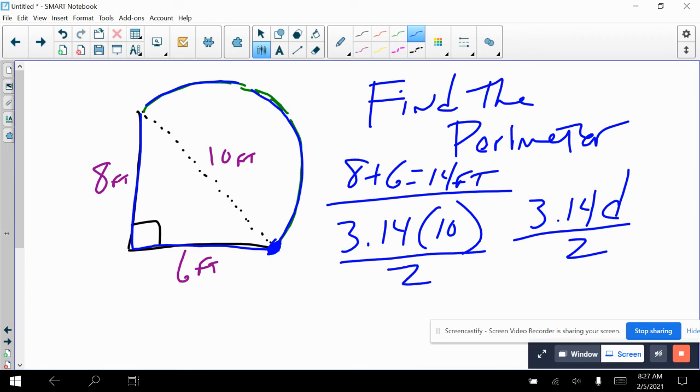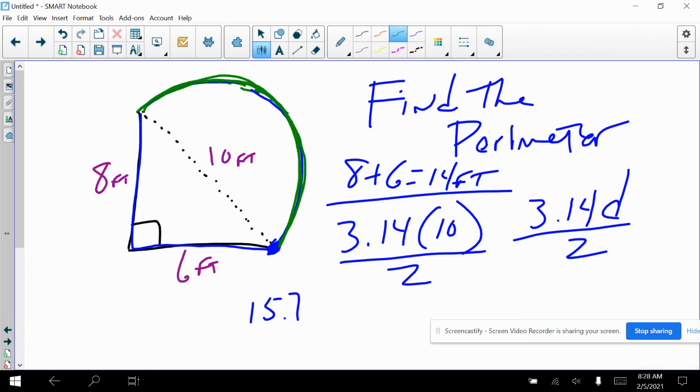So that's 31 and 4/10 divided by 2, which is going to give us 15 and 7/10. That's the distance around the circular object. Cole, are we going to add back in this 10 right there that I just underlined? No. What'd you say? Correct. Very good. We're going to add it to the 14.